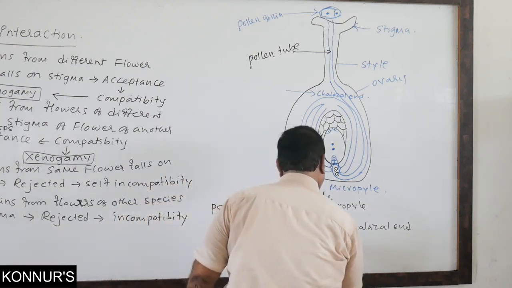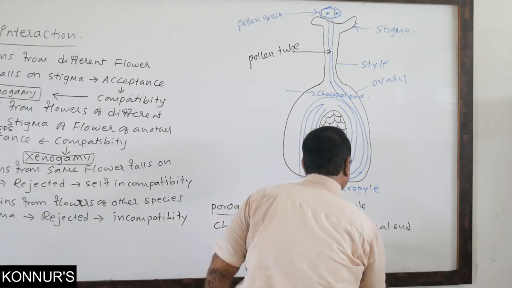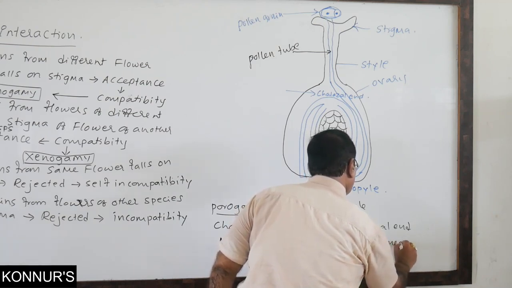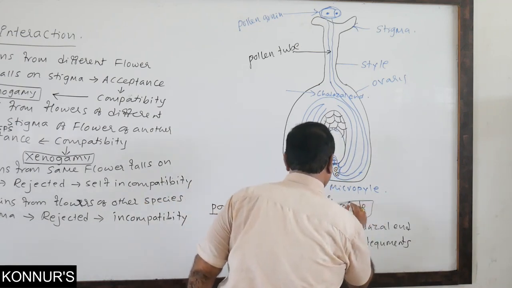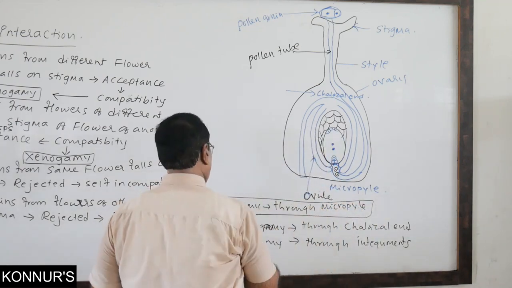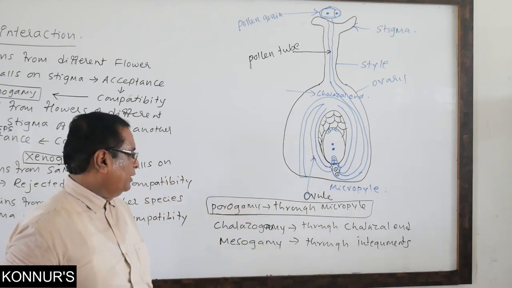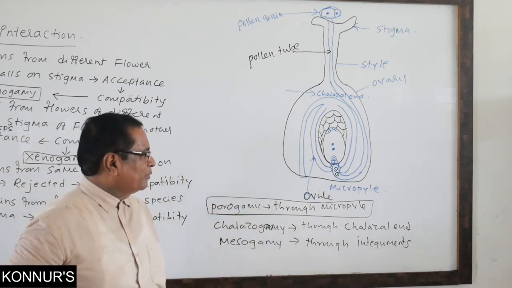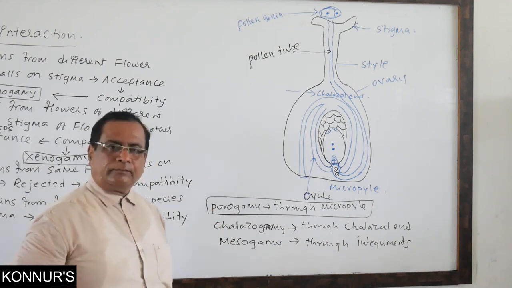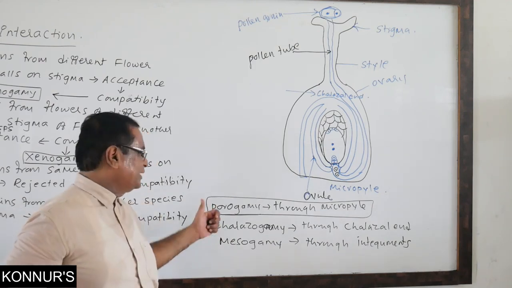Here the pollen tube entered through the integuments, and the most common one is this porogamy. The entry of the pollen tube into the ovule through the micropyle, that is porogamy.